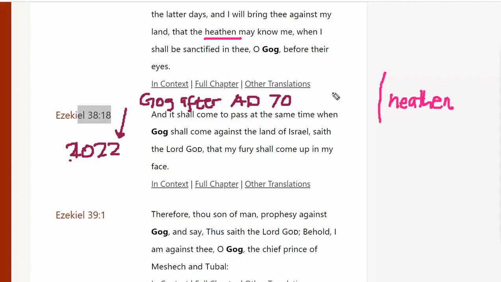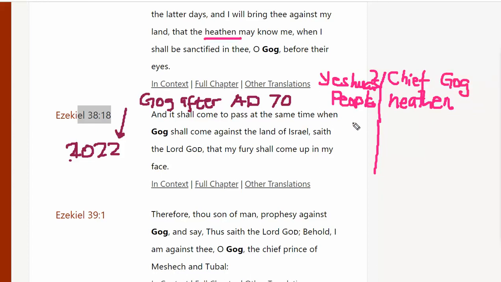These could be, we just go, people. So this is Yeshua's people. These are the heathen. So Gog will be the chief. So Gog is part of the heathen, and Yeshua and his people.